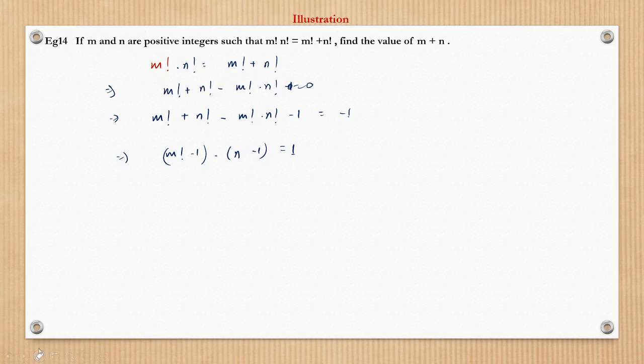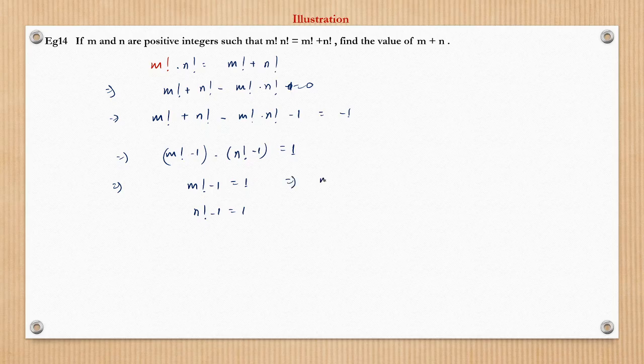So from there I can directly write this. Now the product of two factorial values is 1. This means that m factorial minus 1 has to be 1 and n factorial minus 1 has to be 1, right? Otherwise, if it takes another positive value, then it cannot be 1.